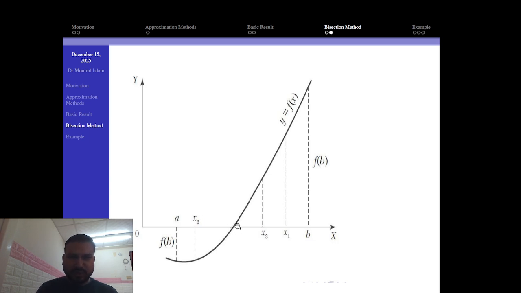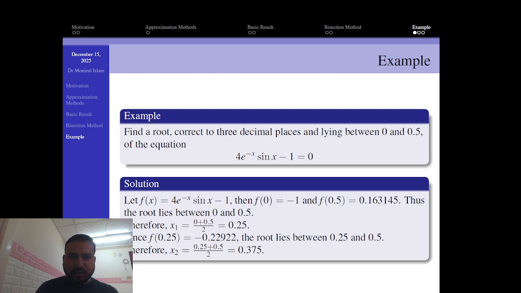For example, we have considered one example so that the method gets justified. So this is the example. Find a root correct to three decimal places, lying between 0 and 0.5, of this equation. This is a transcendental equation, and we cannot apply algebraic methods.